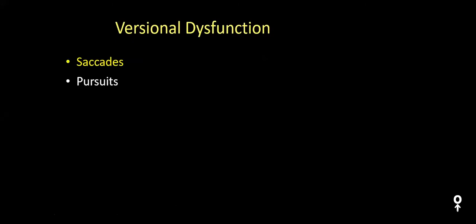The last type of binocular vision problem that I want to talk to you about are problems with very precise rapid eye movements called saccades. Next slide.